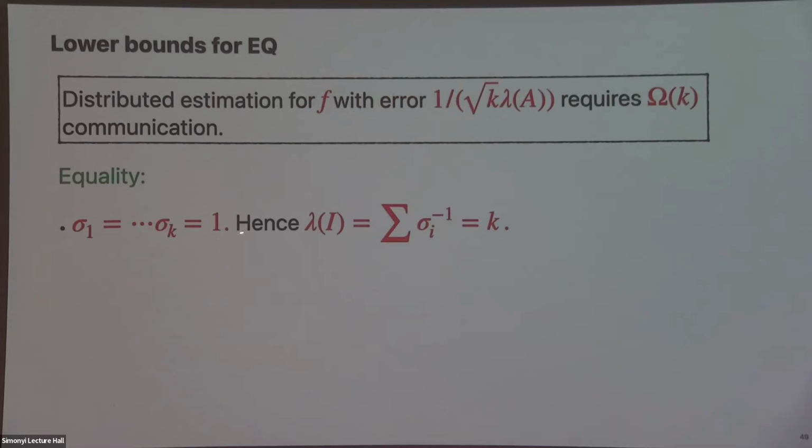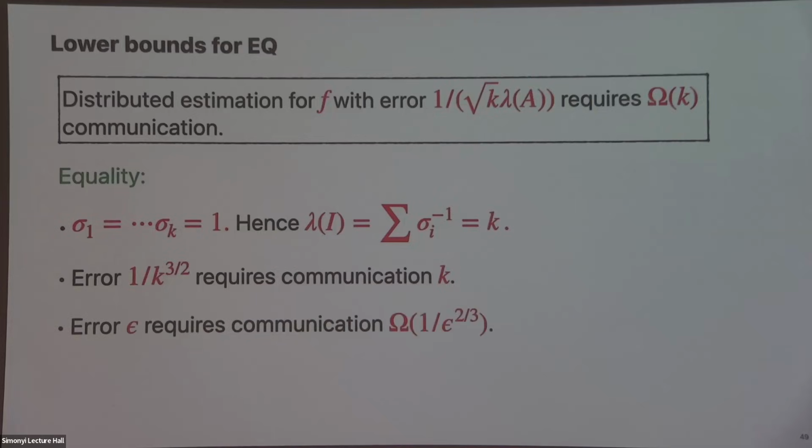All the eigenvalues are 1. Lambda I, which is the sum of the inverses, is k. So if you plug it into this statement, it's telling you error 1 over k to the 3/2 requires omega k communication, which is the third time we're seeing the same statement, but at least it's correct. It's giving you a tight bound for identity.